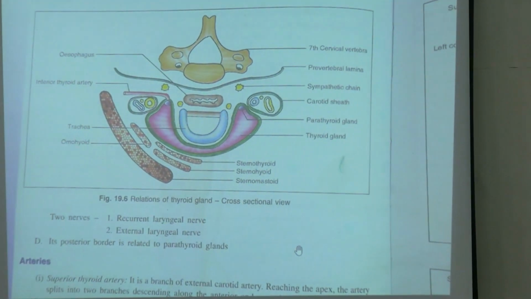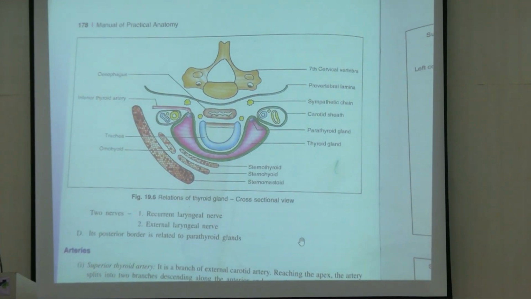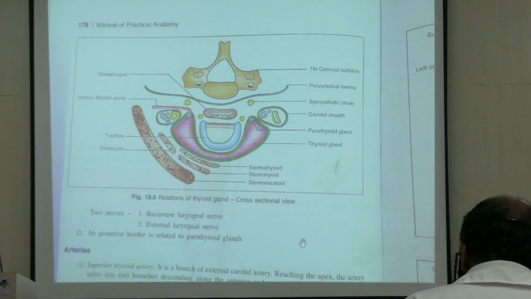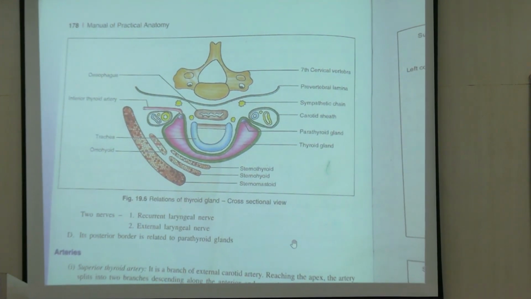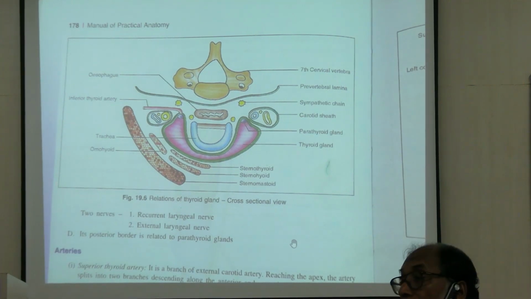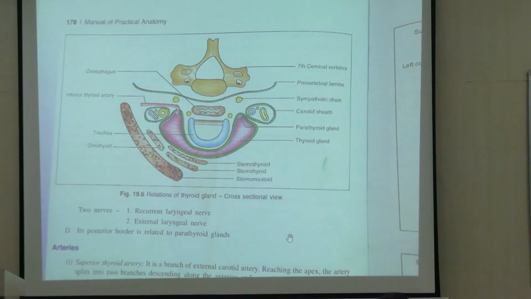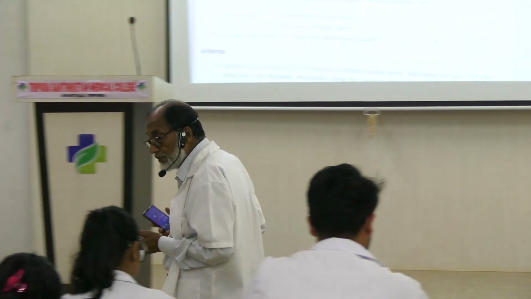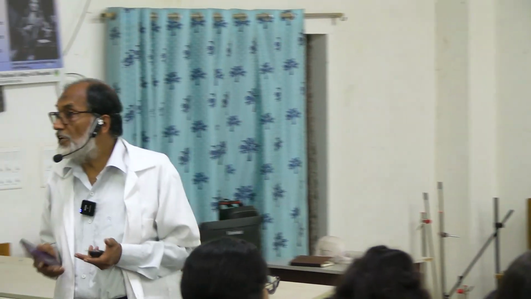What are the names of the 3 surfaces? Anterolateral surface, then posterior or posterolateral, and medial surface.